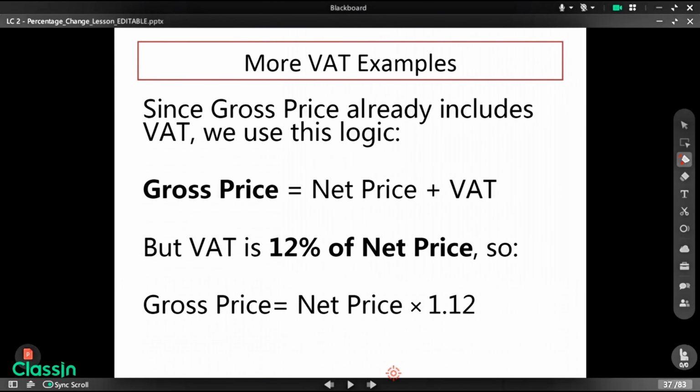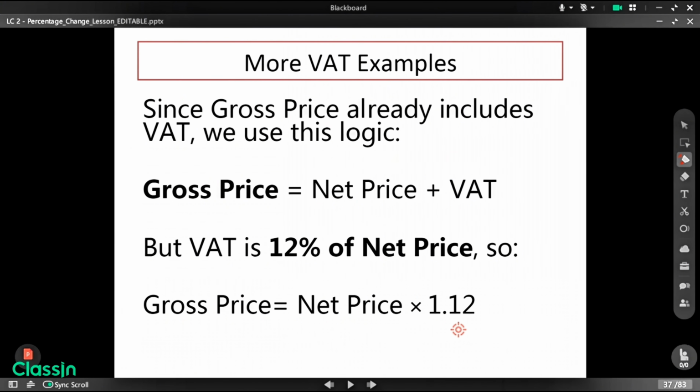So since gross price already includes VAT, we use this logic. As we all know, gross price is equal to net price plus VAT. But VAT is 12% of net price. So we can say that gross price is equal to net price times 1.12, 100% and 12%.